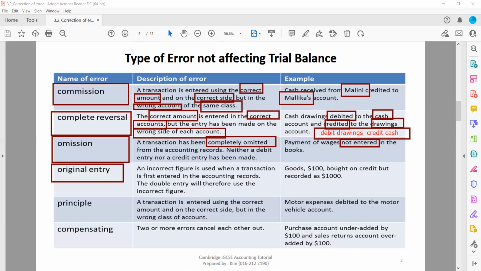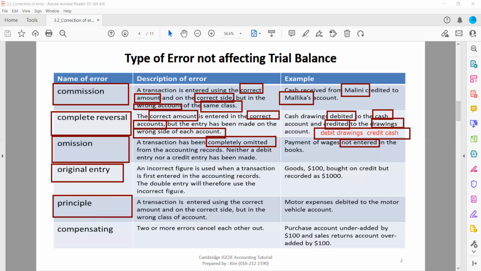Example, goods of 100 bought on credit but recorded as 1,000. So this is overstated on the purchases and also overstated on the trade payable.